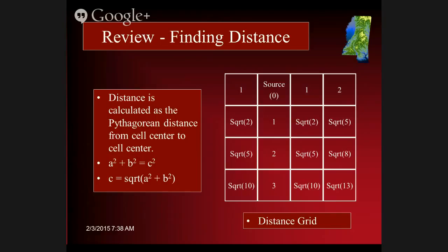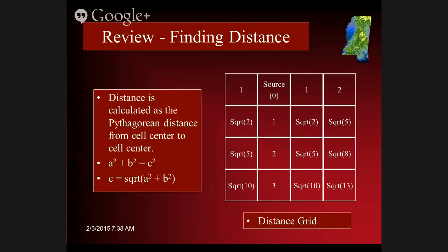And so we could just multiply all of the values here, 1, 0, 1, 2, square root of 2, by the cell size, and we'd get the distances for any cell size. So if the cell size was 10, it'd be 10 times the square root of 2 from here to here, okay, and so on.